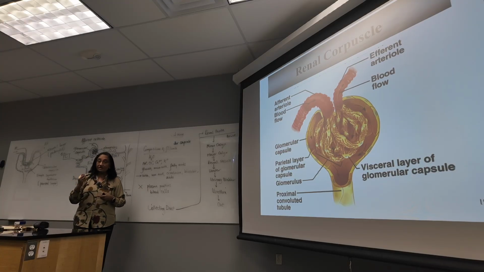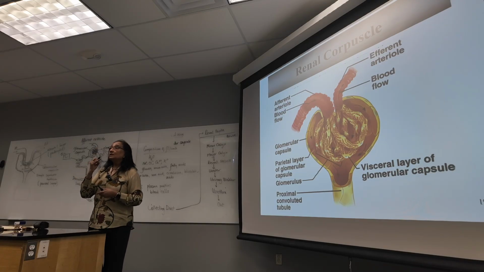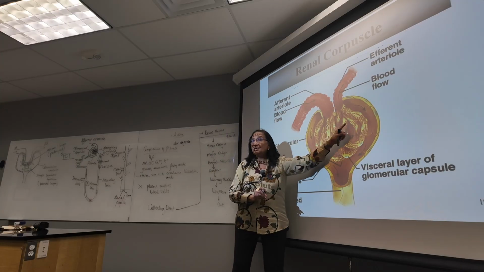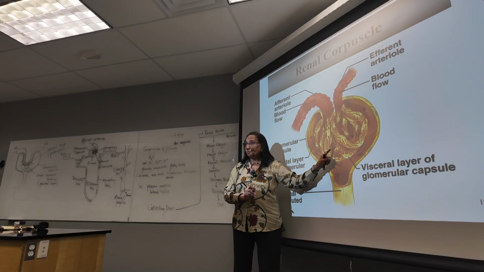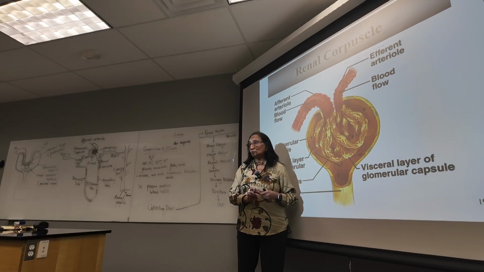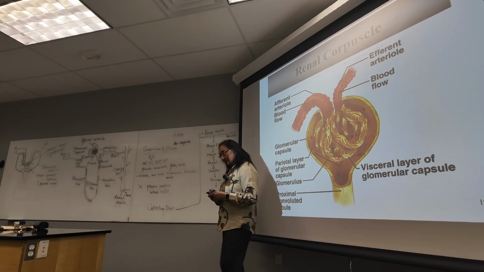So you should not find plasma proteins, you should not find any blood cells in it. If at all plasma proteins or blood are found in urine, it does indicate that there could be nephron damage, one of the reasons. Only if this is damaged, things can come out.